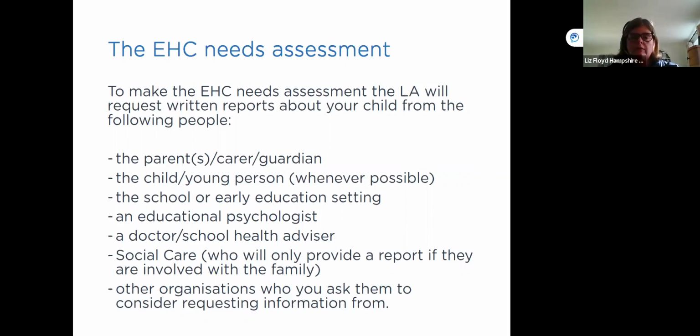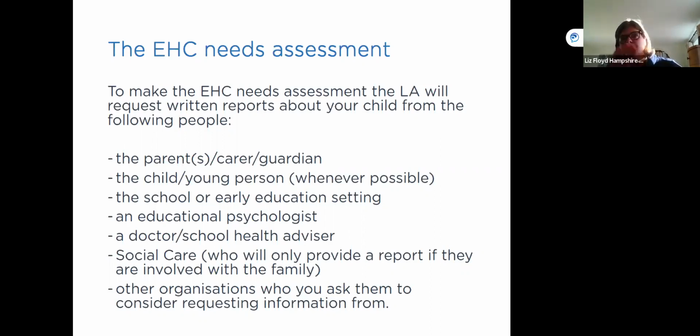There might be some that are non-verbal, so it's a case of getting a trusted adult to gather their views in whichever way is most appropriate. They might gather the views from an educational psychologist, a doctor, social worker, or any other organisations that have worked with you, your family or your child.